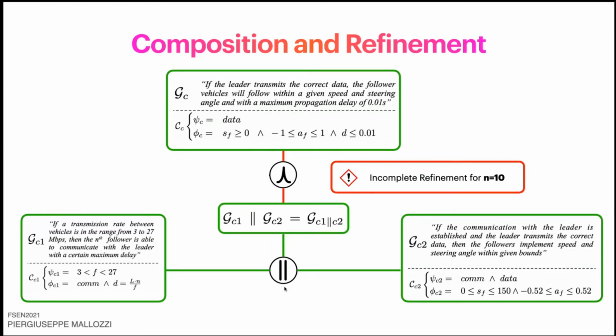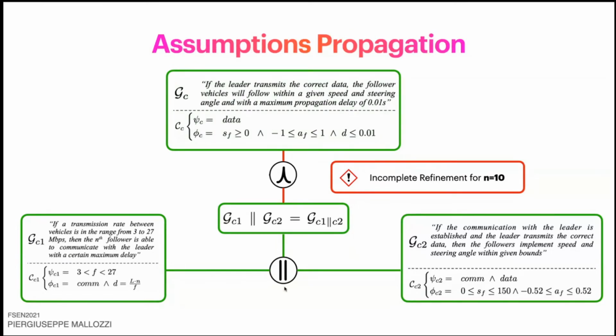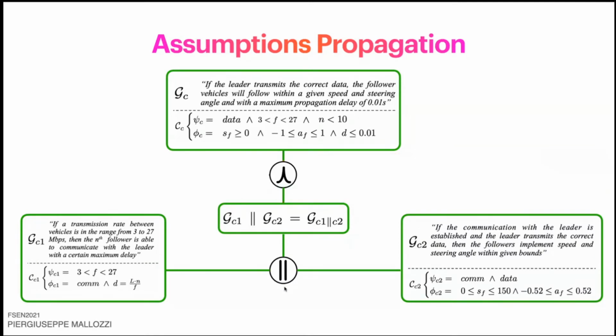Well, that's where assumption propagation comes into play, which, for every goal that we connect via refinement links, propagates the assumptions from the lower level goals to the top level goal. In this way, we propagate the assumption from the first goal, and then from the second, from the actual counterexample. And we conjoin this assumption to the top level goal.